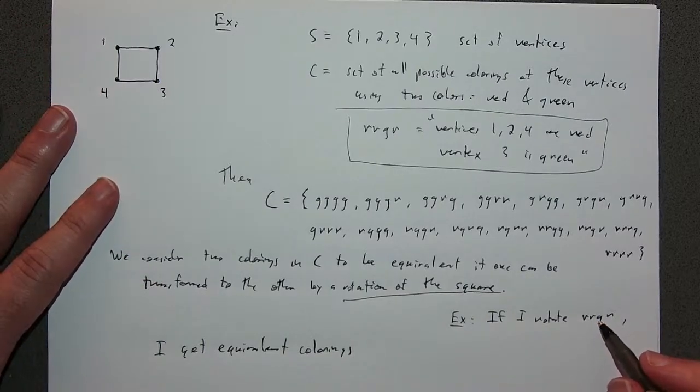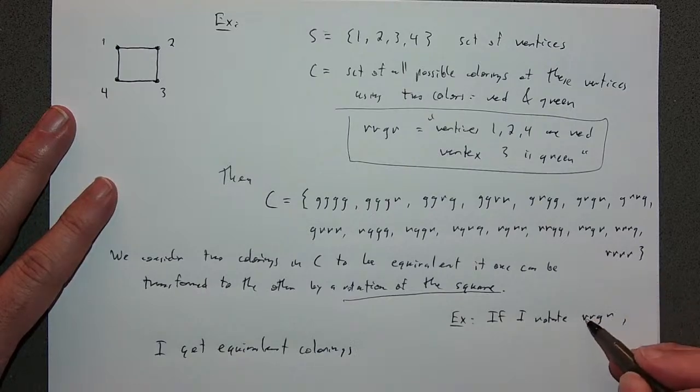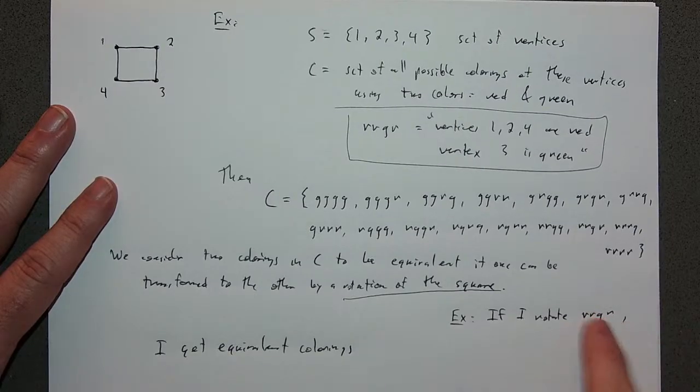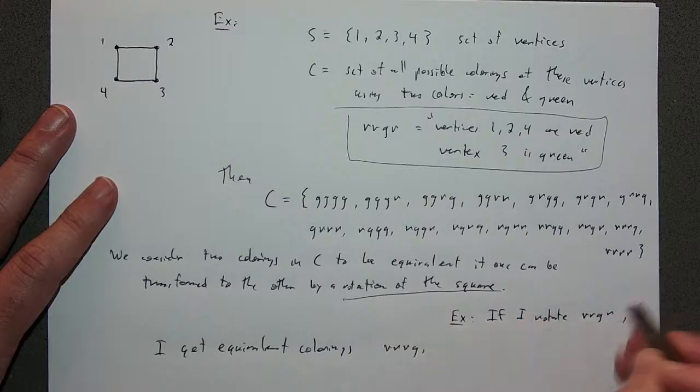Let's rotate this in the way that we are going to send red to the first slot, green to the last slot, red to the next slot, red to the next slot. So we're pushing them all one slot forward. That's a 90-degree rotation. So this would be red, red, red, green, pushing them all one spot forward.